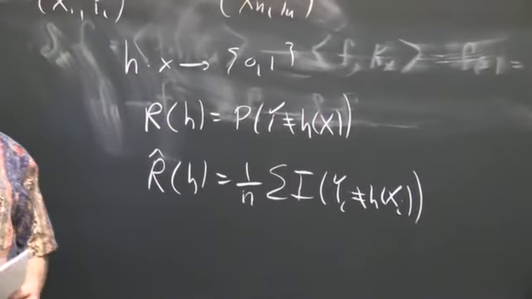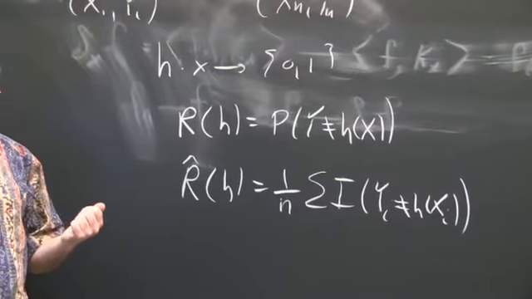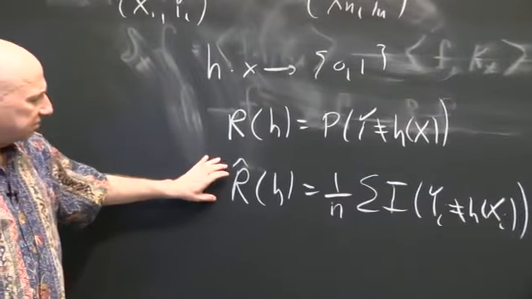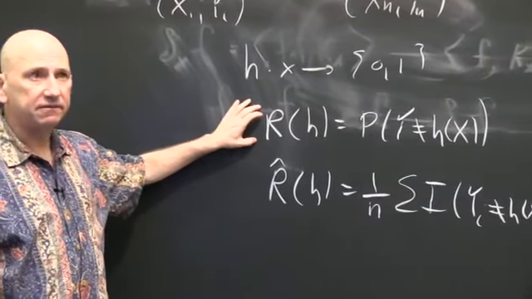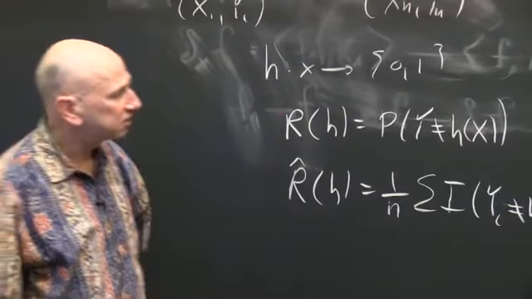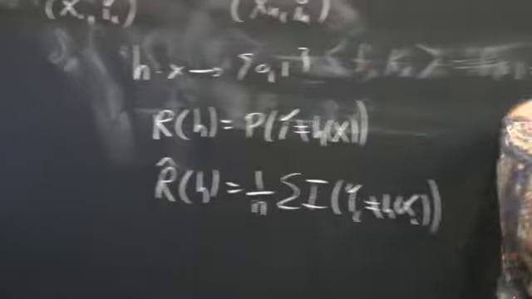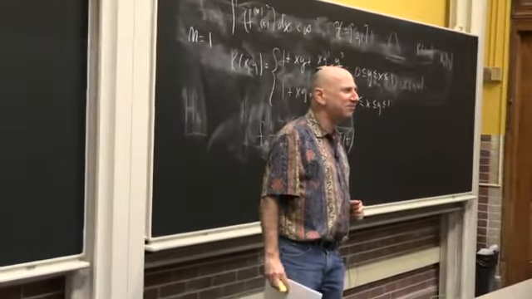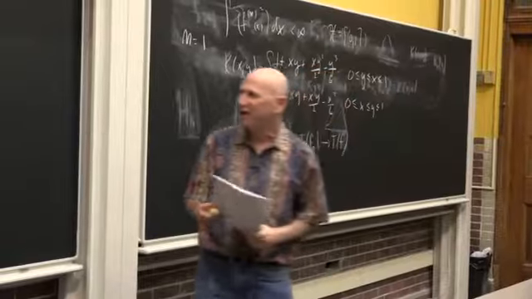Now, if all we had to deal with was a single classifier, we would know that this empirical error is close to this because of Hoeffding's inequality. Let me remind you of Hoeffding's inequality. That should be pasted in your memory by now, but if it's not, go back and review it for 705.